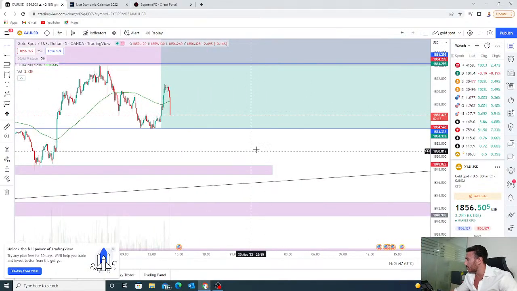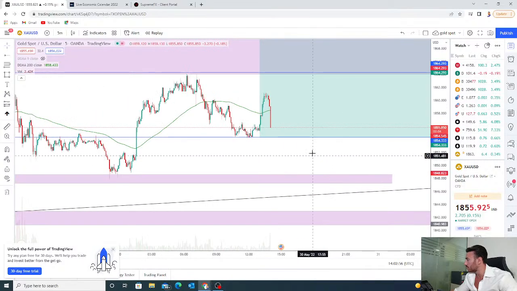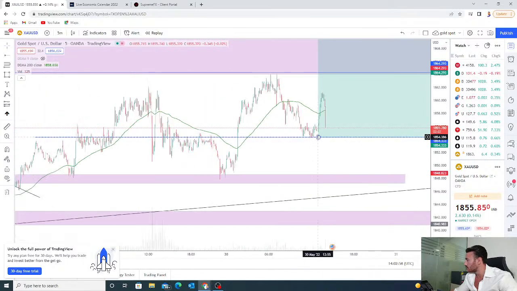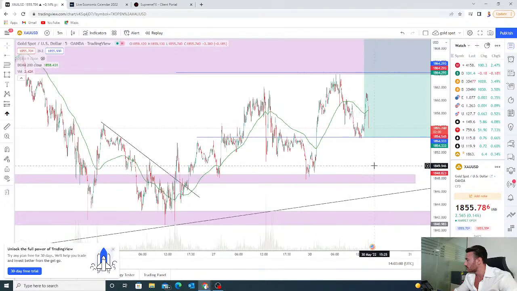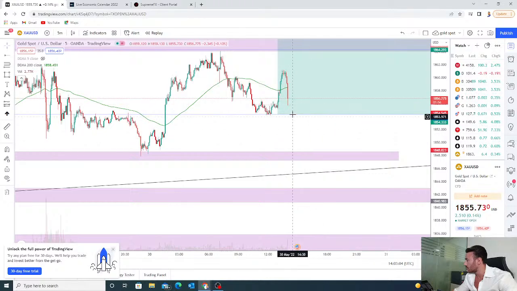Okay, gold is dropping at a nice pace from 61 already to 55, $6. It will face support around the 55 level.